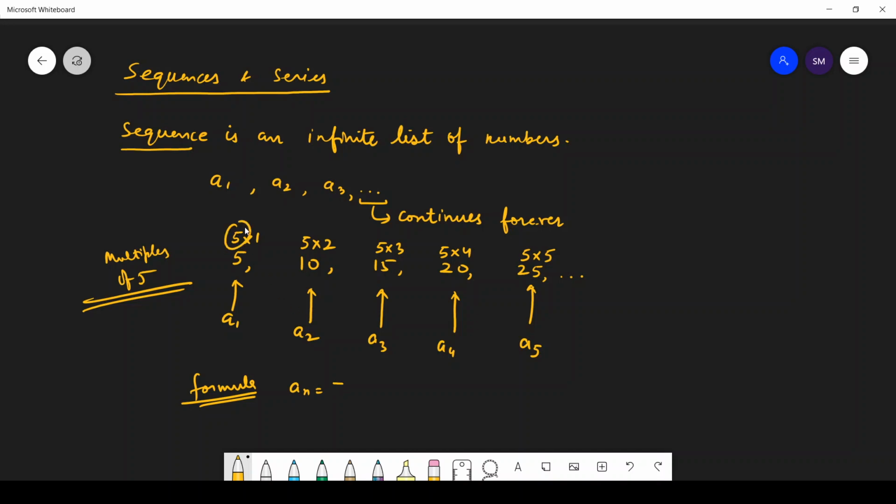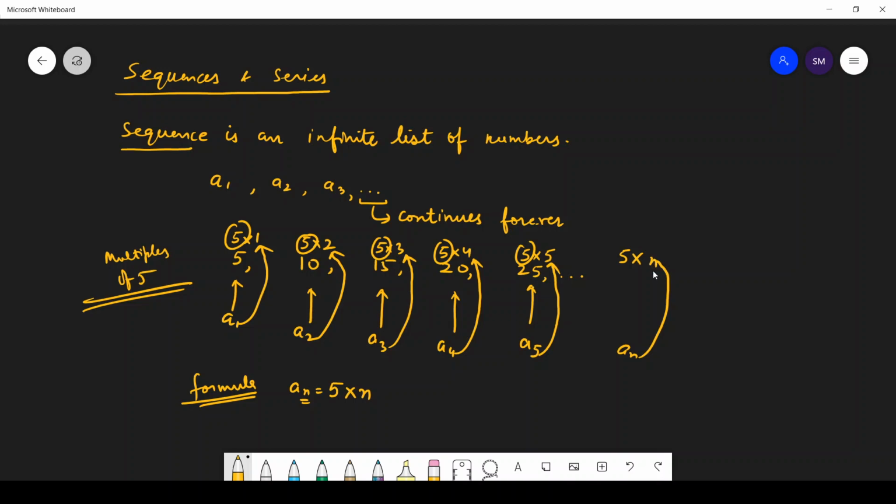See, 5 is there, then the multiply sign is there, and then 1, 2, 3, 4, 5 and so on. So we can write n here, because for the first term it's 1, for the second term it's 2, for the third term it's 3, fourth term it's 4, fifth term it's 5. So for the nth term, this 5 will be there, multiply will be there, and the n will be there.